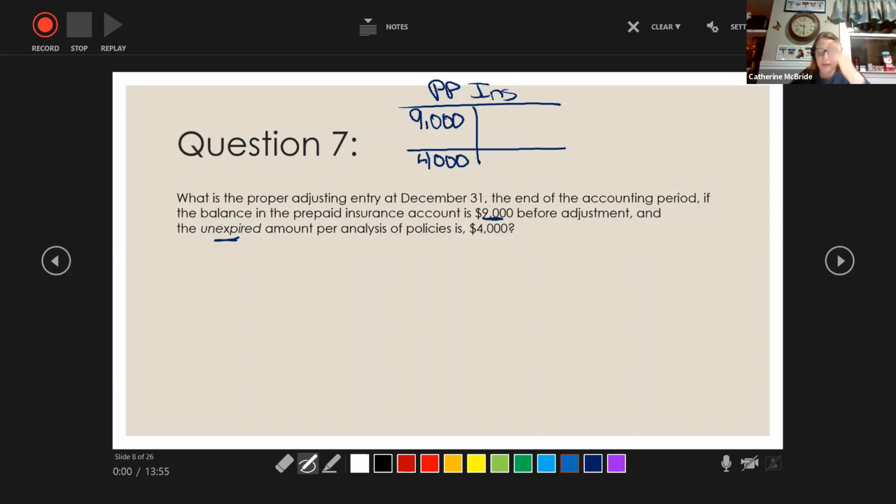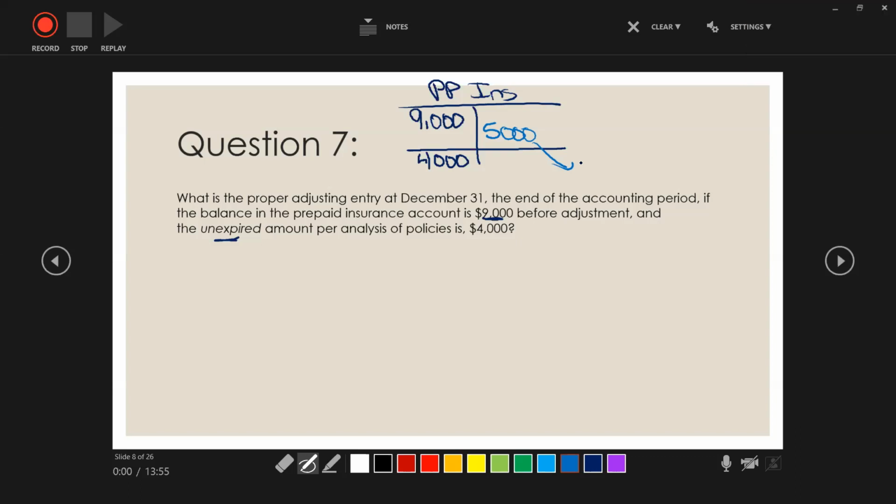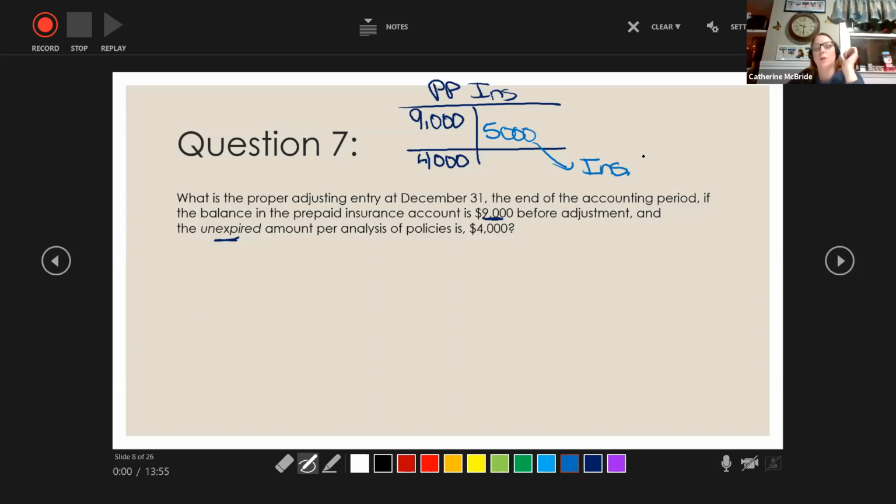What has to happen in my T account? You have to debit 5,000. I mean, credit 5,000. That's what I have to do. What does this 5,000 represent? The used insurance. Yes, or we might call it insurance expense, right?